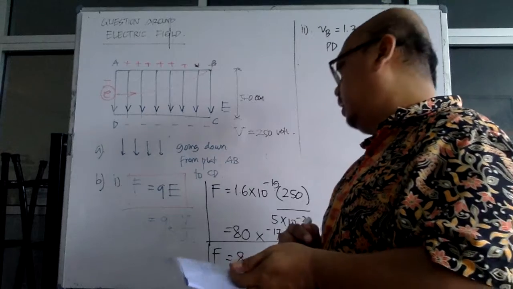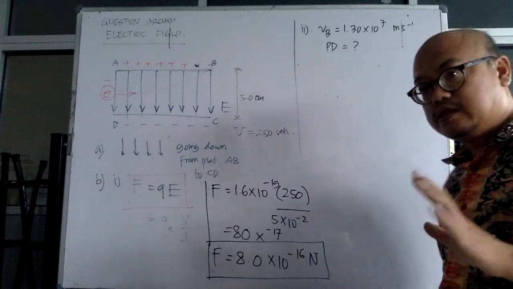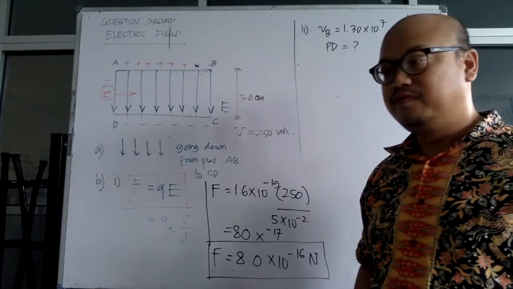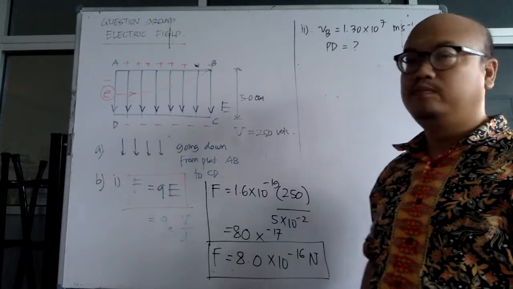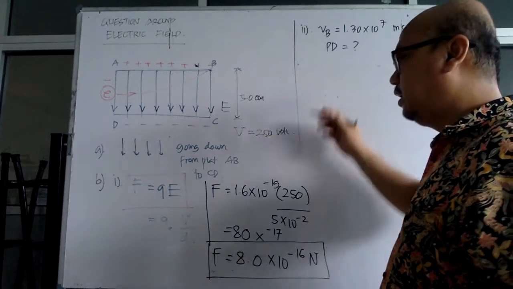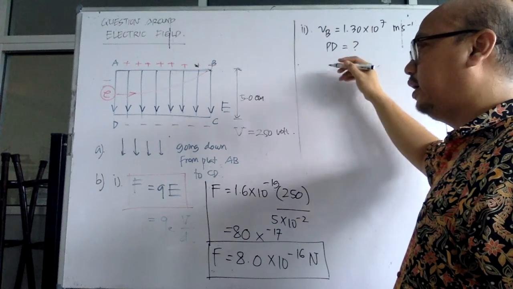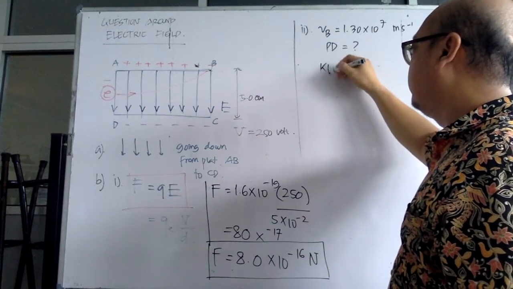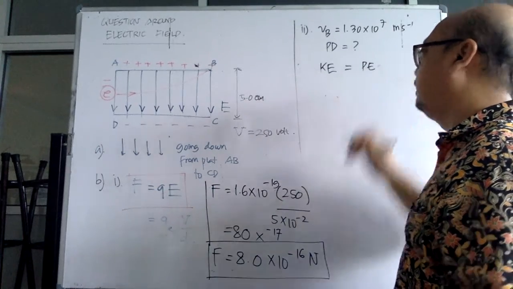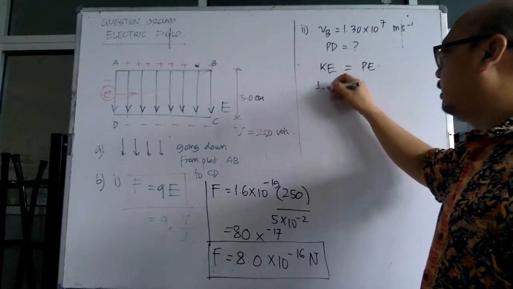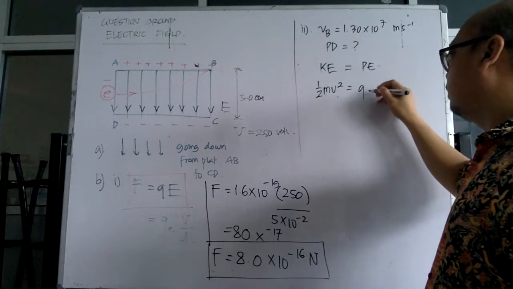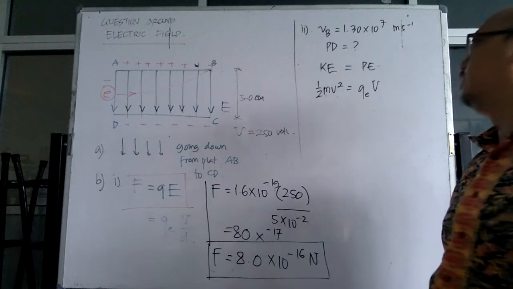This is about the energy of the electron when it moves from the middle of AD to point B. Kinetic energy changes into potential energy. The kinetic energy is half mv squared, and the potential energy equals q times V, where V is the potential difference.